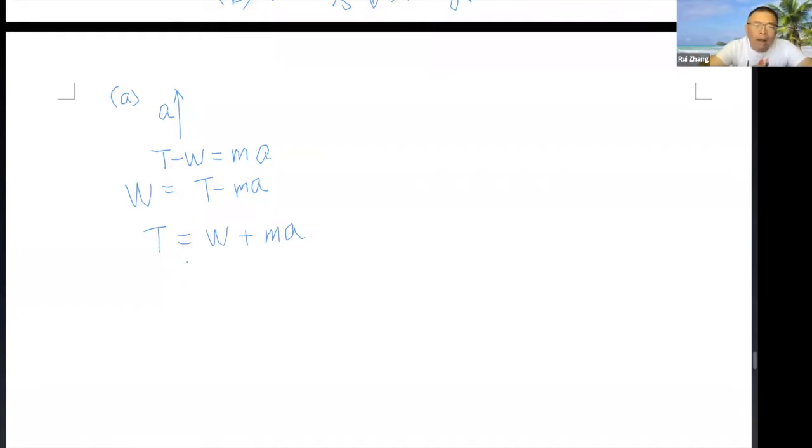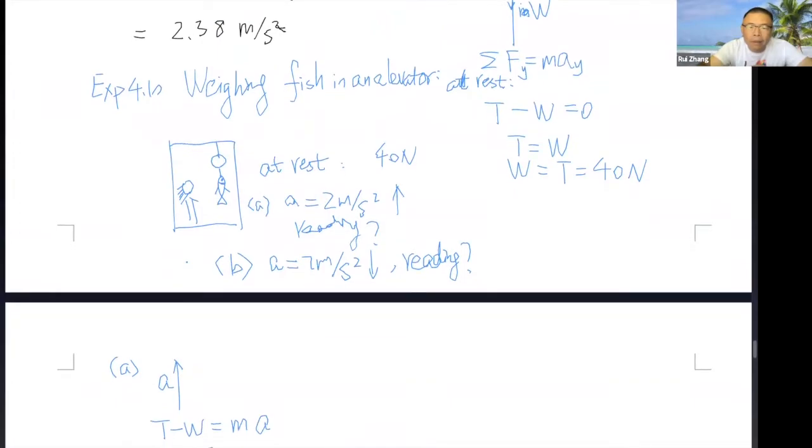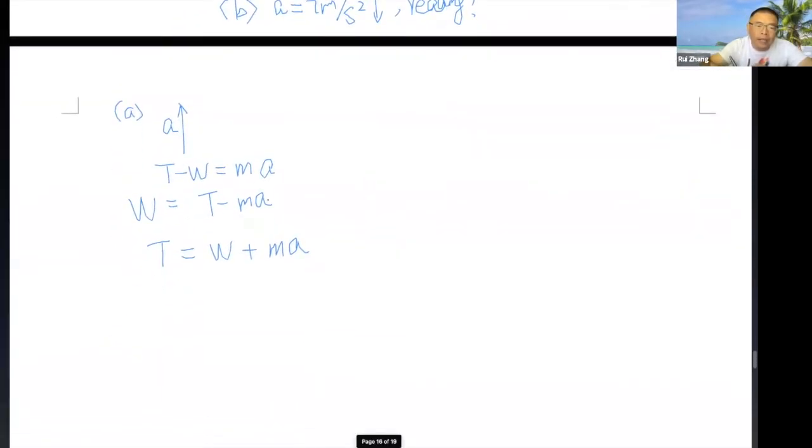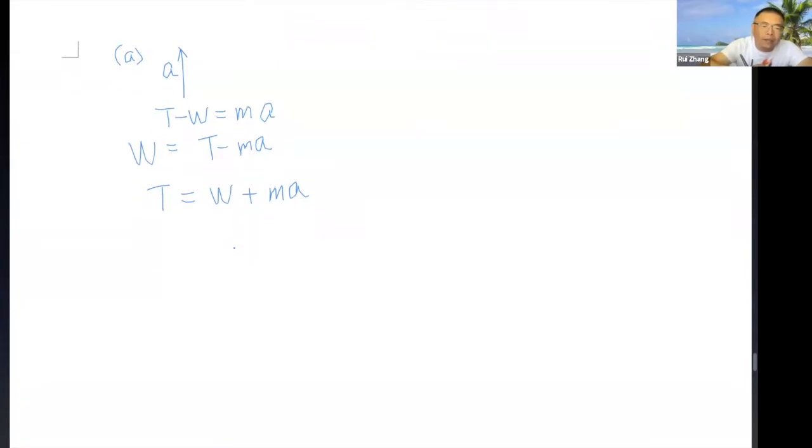So to solve for the new tension, which is what the scale is reading, you need to add the weight to this piece, okay? So what is this piece? You're given the acceleration, which is 2 meters per second squared, but you don't know the mass, but you do know the weight. So you can calculate the mass from the weight. Remember, weight is defined as mass times gravity g, right? So mass equals weight divided by g.